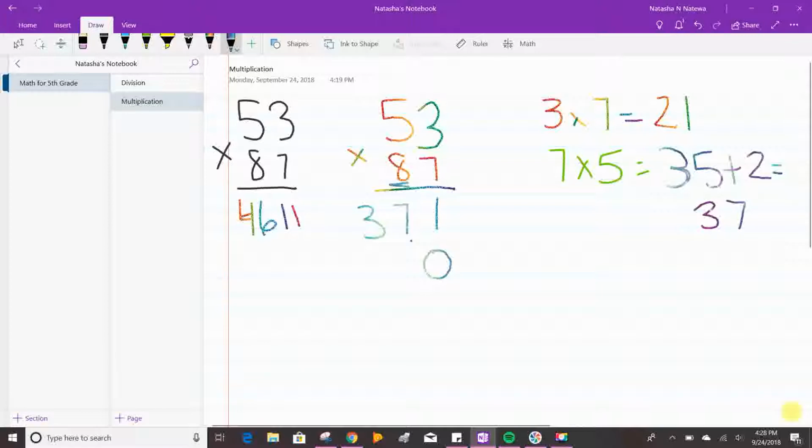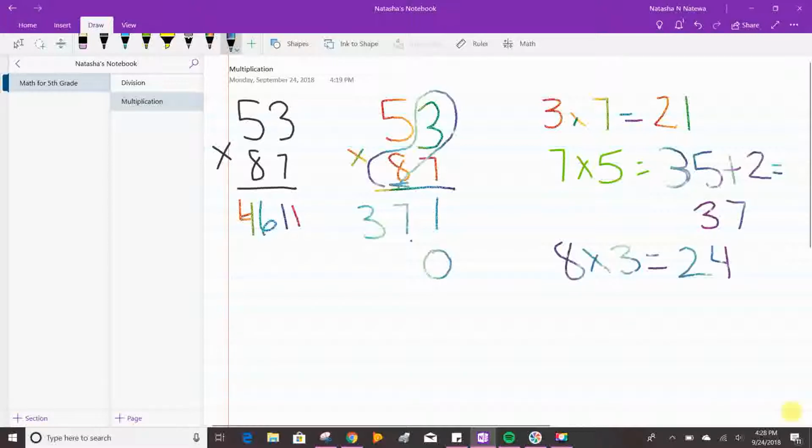Correct? Okay. Then we're going to ask, what is 8 times 3? We're looking at this here. 8 times 3. I'll give you a moment to figure that out. 8 times 3 is 24.